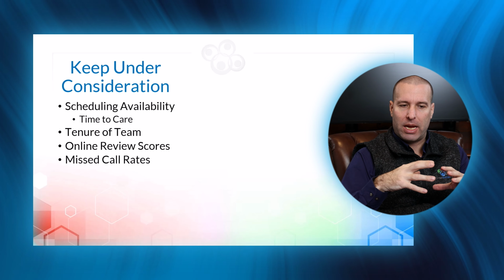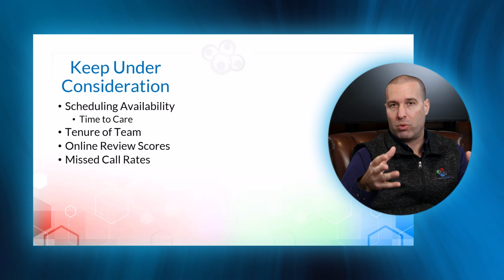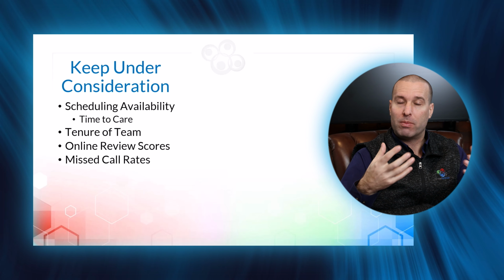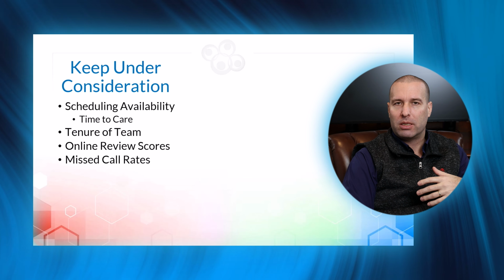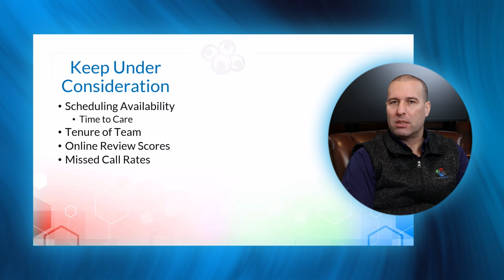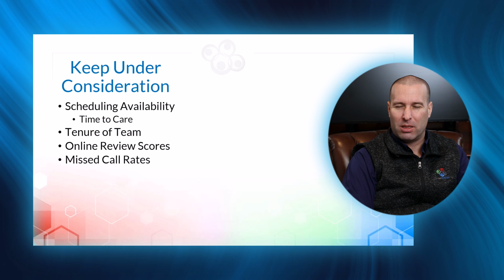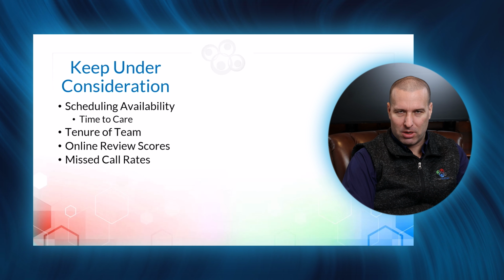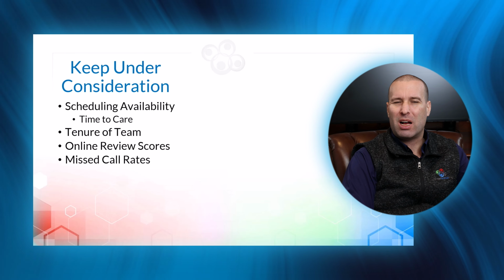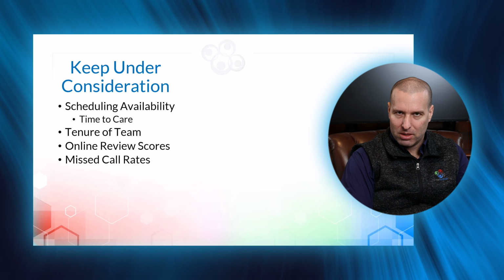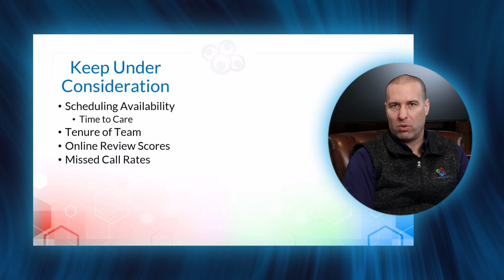All of this data is helpful and important to look at, especially when I think about it from our perspective. We often get calls from our clients and they'll say, oh, you know what? Census is down. What's going on? And the first thing they'll always do is check with their admissions team or their call centers or their front office staff. And invariably the answer is, well, we're not getting enough calls, or the calls aren't good quality.